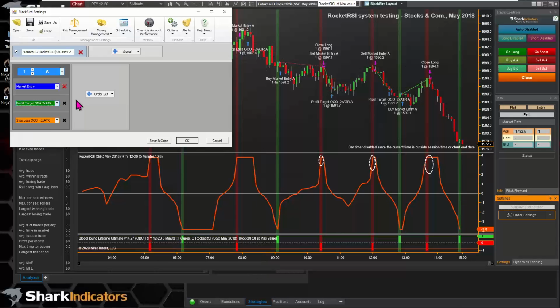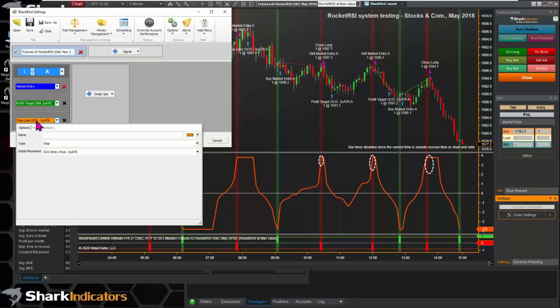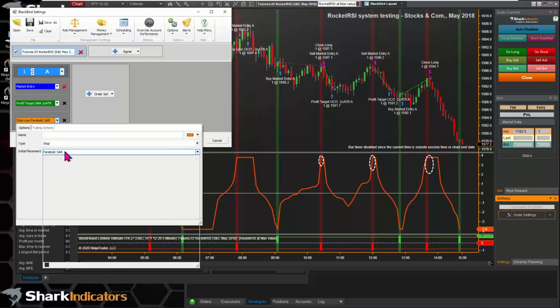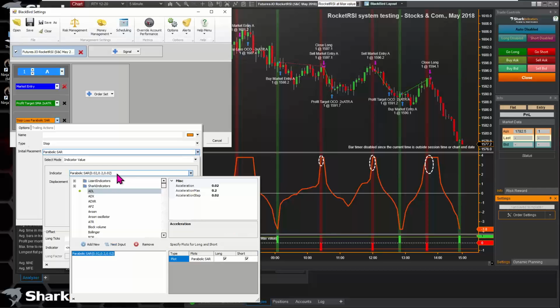A classic example is with the stop loss. Let me get rid of this one here. If you're familiar with the parabolic SAR, that's an old-fashioned form of an indicator that calculates a stop loss, but a lot of people ask about the SuperTrend.